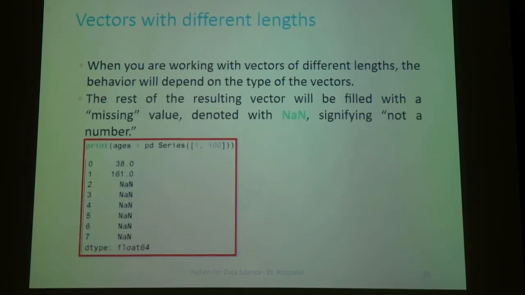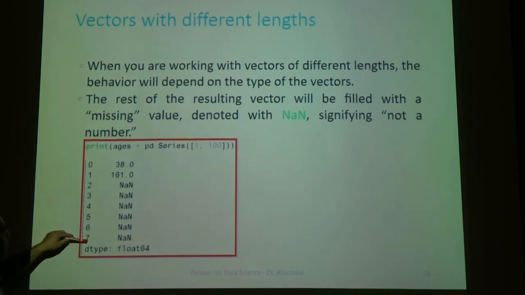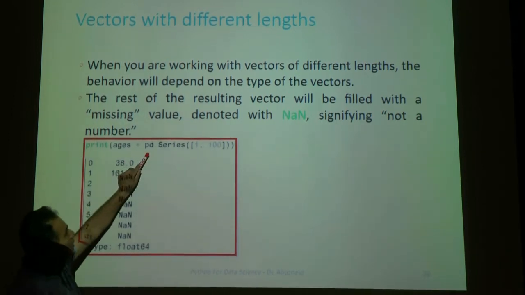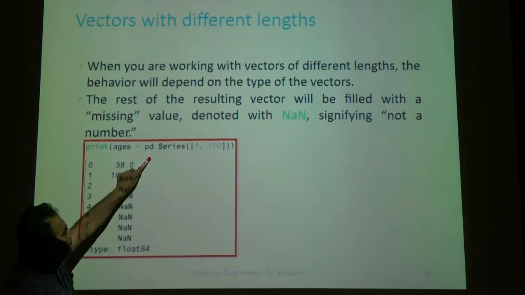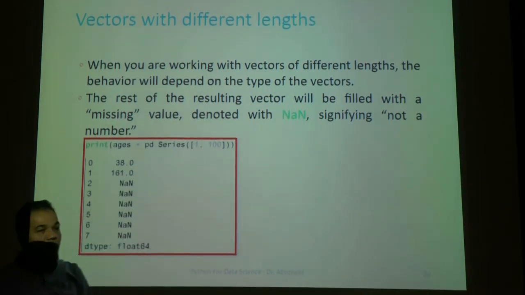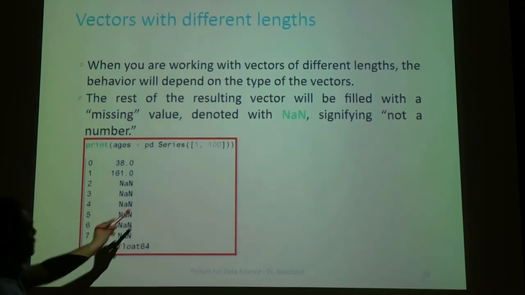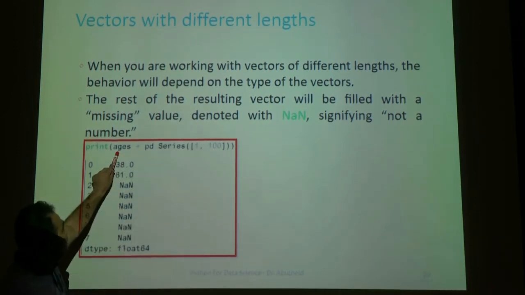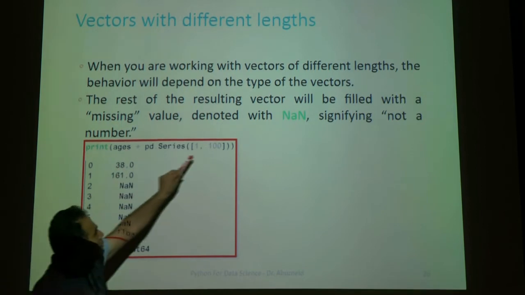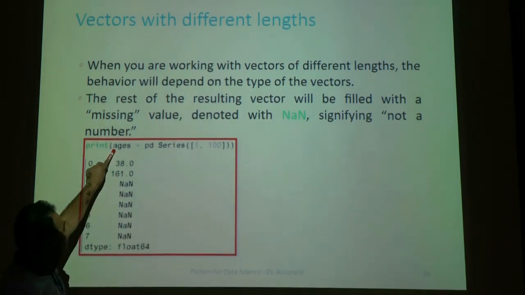All right. What do you do when you have different sizes? For example, ages has how many elements? 7 or 8. And then you say pd.Series, creating your own Series, with 2 elements. It will add the first element to the first one in ages, and the second element to the second element in ages.